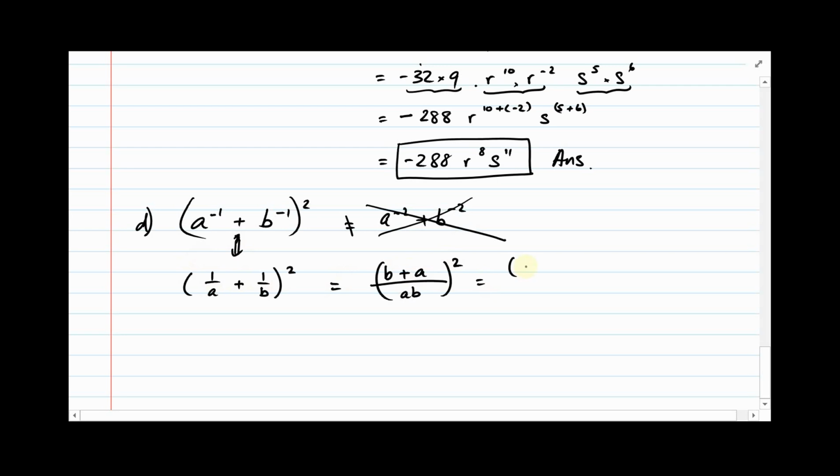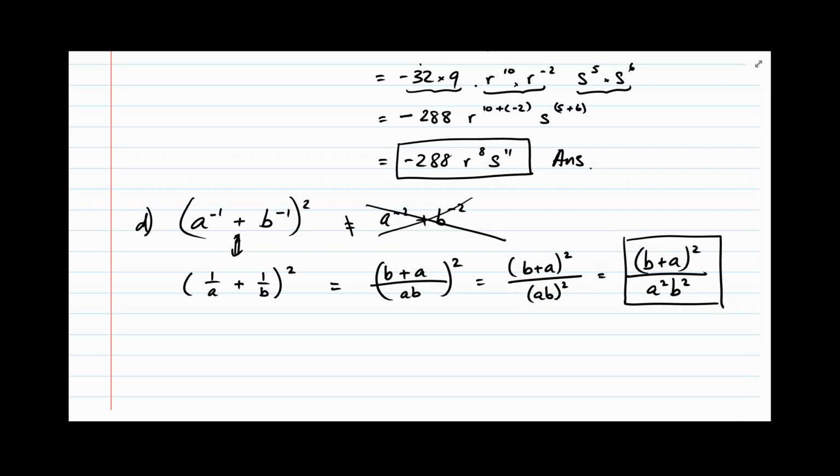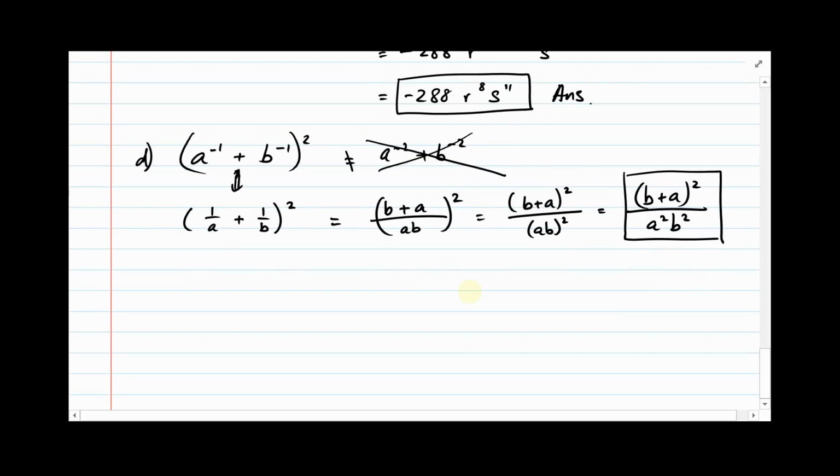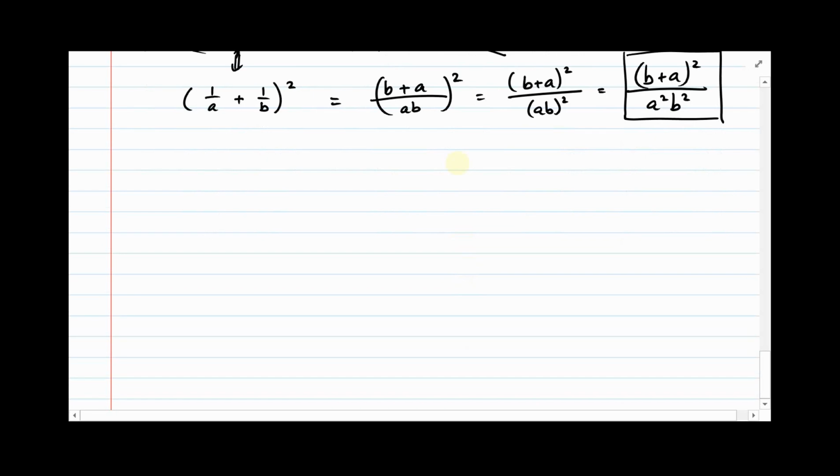So based on what we did with the general power rule, this is b plus a squared in the numerator and ab all squared in the denominator. b plus a all squared will be a binomial, which we'll be doing the binomial expansion of later. So this is one way that you can get your answer, or later on we can expand the numerator. But I'm getting a little ahead of myself. So hopefully in this lecture we will get to remembering some of our binomials.